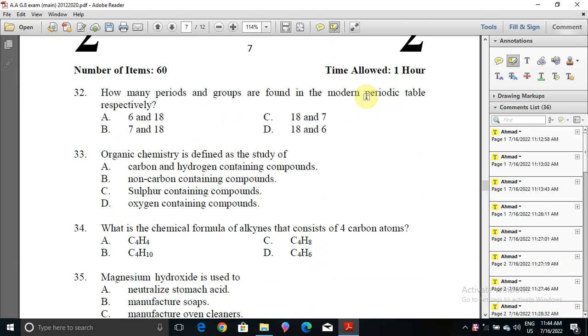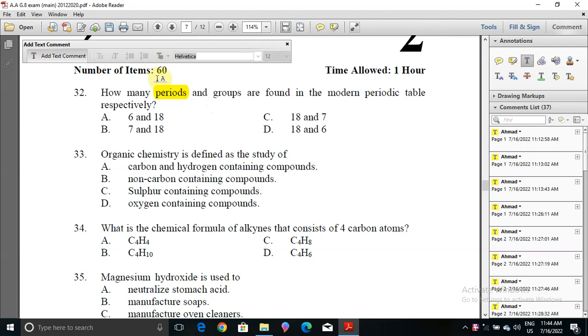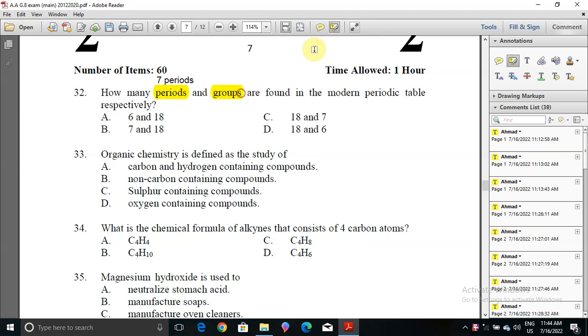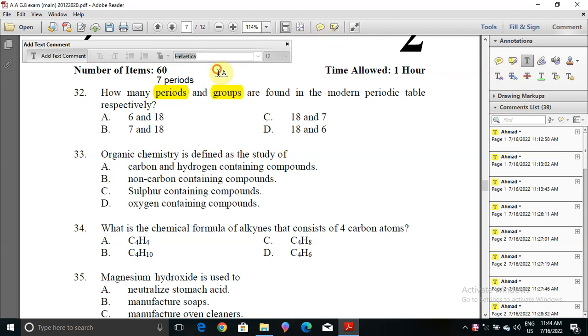Okay, for periods, we have actually 7 periods. And for groups, we have 18 groups.